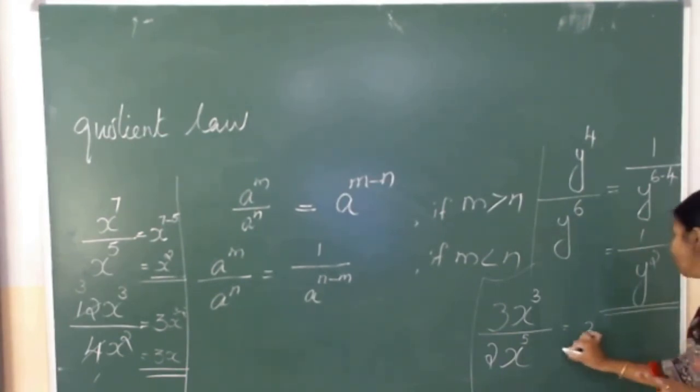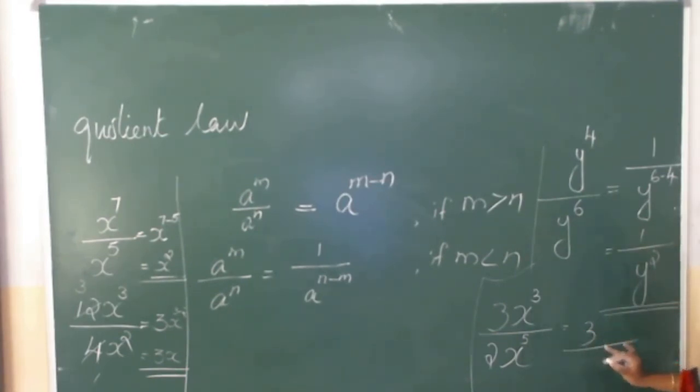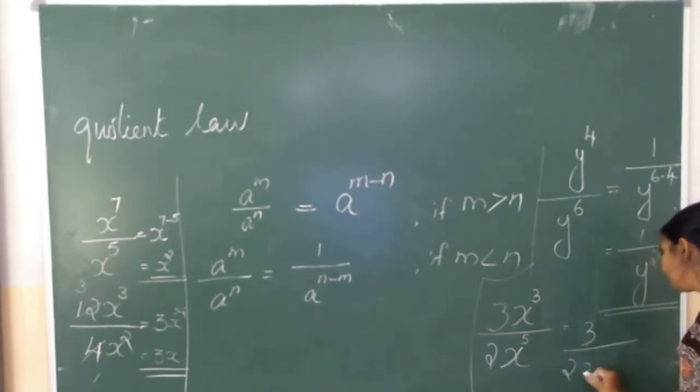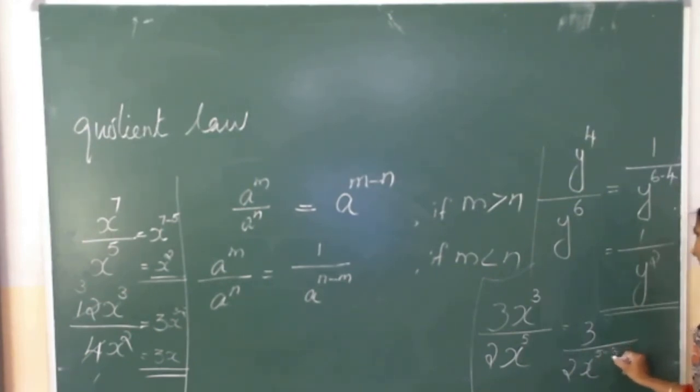No. So numerator is 3 itself. Then 2x raised to 5 minus 3. And the answer is 3 by 2 x raised to 2. This is the answer. I hope this one is clear to you.